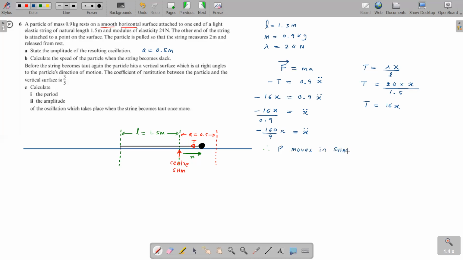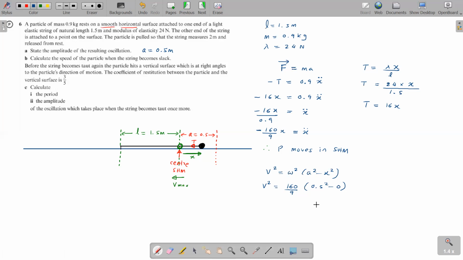And then from here we can get what? Now we are supposed to find the speed when the string becomes slack. The string becomes slack at the natural length, where you have the maximum velocity. So all you got to do here is apply v square equals omega square into a square minus x square. Omega square is 160 over 9, amplitude is 0.5 square, minus x is 0 because at the natural length, x is 0.